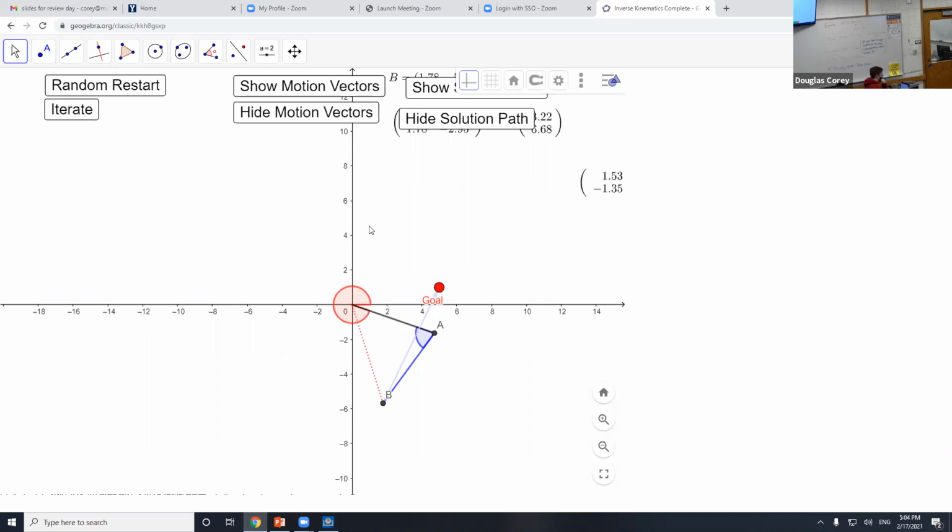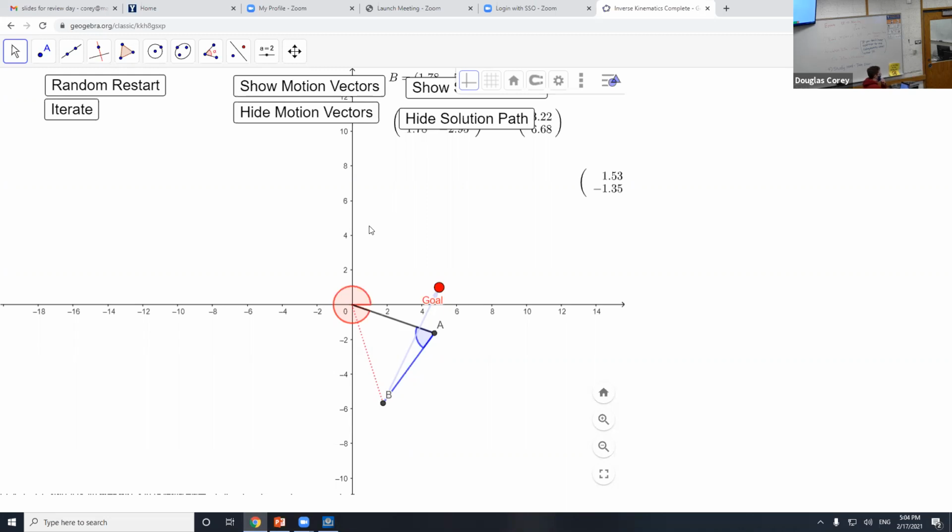So to start off, think about if you increase this red angle, what direction is B going to start moving in? And if I increase the blue angle, what direction is B going to start moving in? Now, of course, if we move it a lot, B is just going to move in a circle, in an arc.